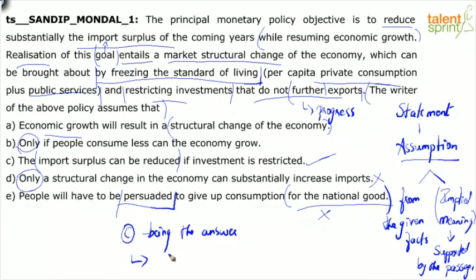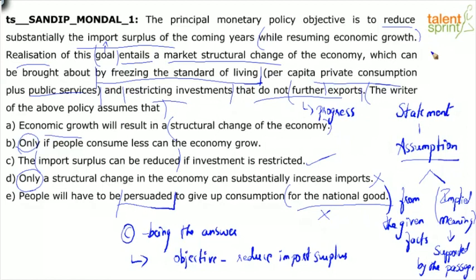One is I have looked at the main objective, right? What is the objective? Reduce import surplus. That is the topic sentence, right? So realizing this goal is going to bring a structural change of the economy. So that is going to happen parallelly. So what are the two reasons given for that?